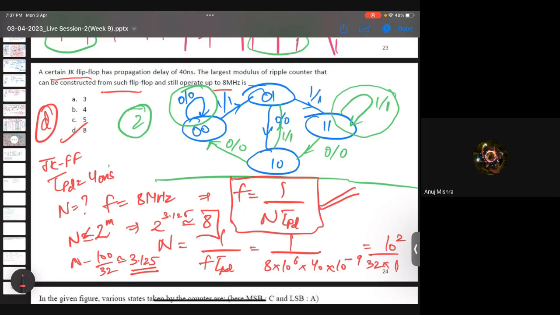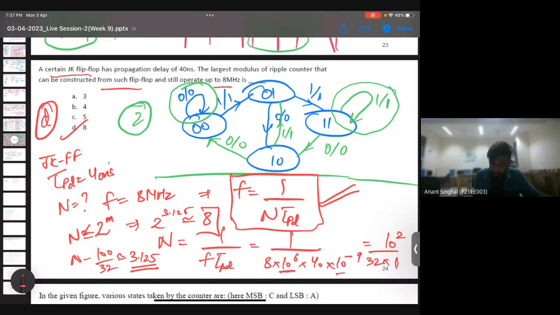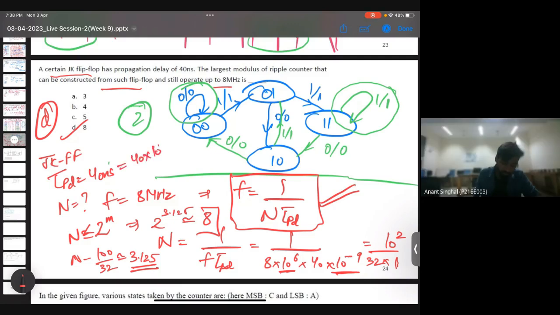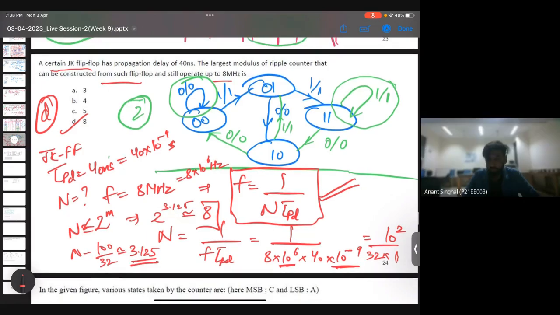So what is the 10 power 6 and 10 power 9? This is megahertz and this is nanoseconds. This is 40 into 10 to the power 9 seconds, and the frequency is 8 into 10 to the power 6 hertz. Okay, so let's proceed.